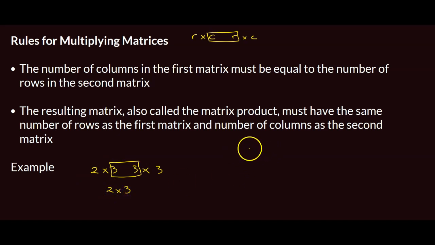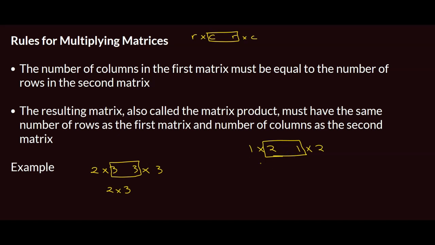Now, if I had something like a 1 by 2 matrix and a 1 by 2 matrix, you can see here, these values are very different. So just for that reason alone, we cannot multiply these matrices together.